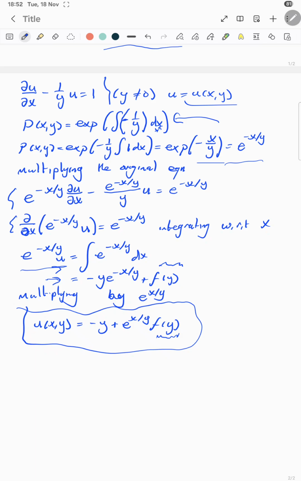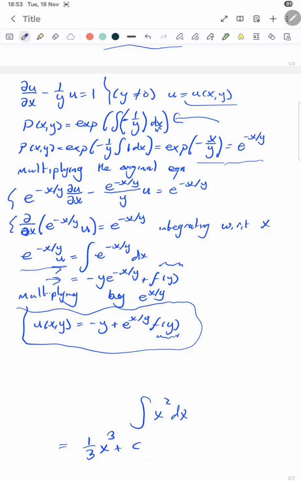If you don't already know this, if you're integrating with respect to one variable, like integrating x squared dx, it would give x cubed over 3, and then we would have plus c.